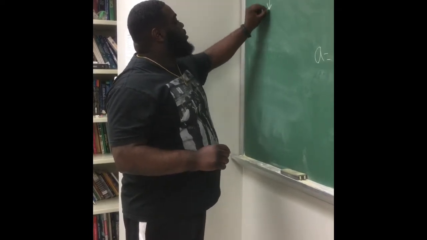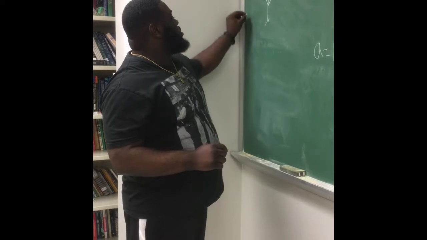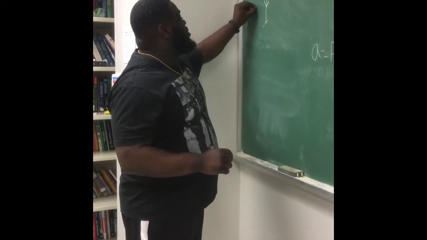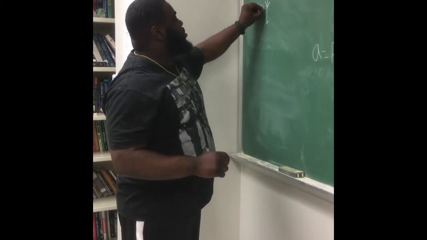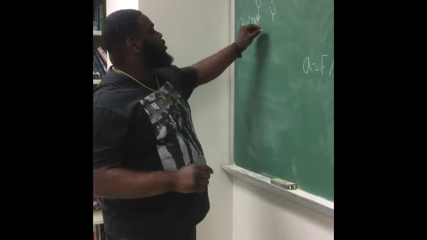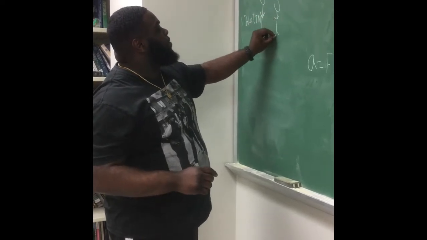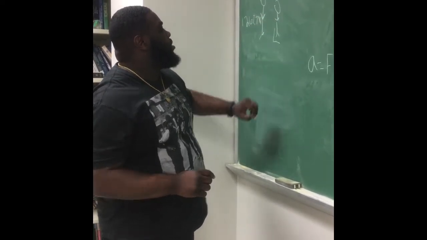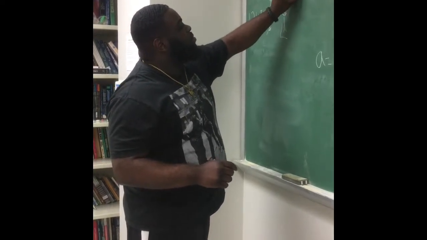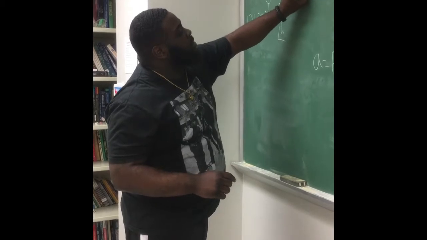So we have the person, who is exerting a force of 1,267.7 newtons. We have a person that he's exerting the force on, sitting down in a chair. The person is 72.6 kilograms.